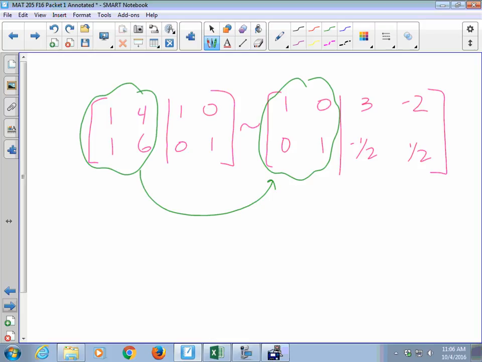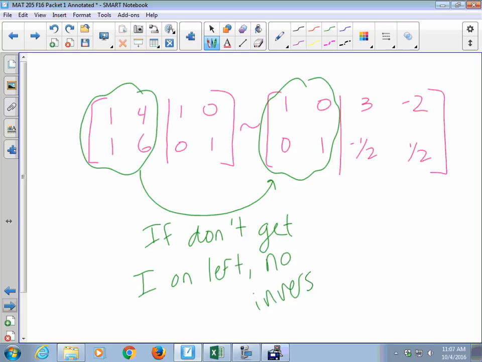The inverse doesn't exist. So you have a non-invertible matrix if you don't get the identity. So that's the other way to find inverses.